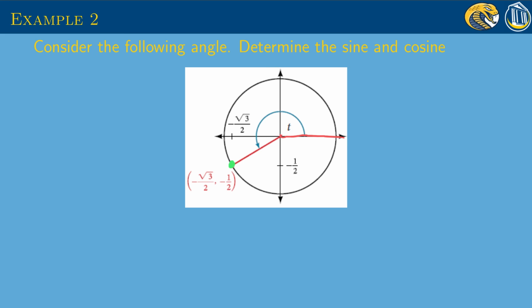Therefore, we know that sine of t is the y-coordinate, -1/2, and cosine of t is the x-coordinate, -√3/2. As we've seen, both sine and cosine can take on positive and negative values depending where along the circle our angle puts us.